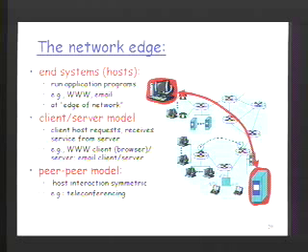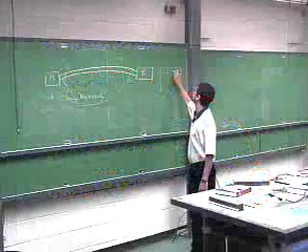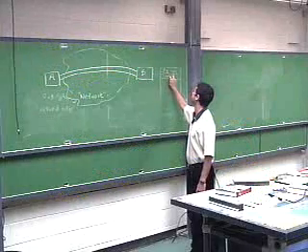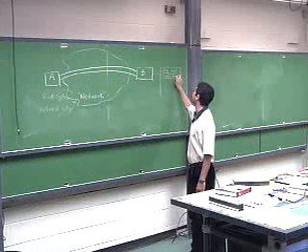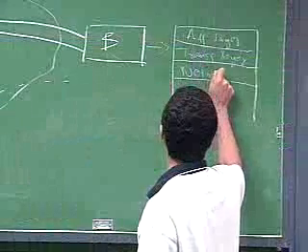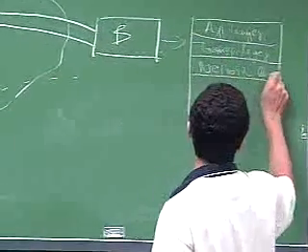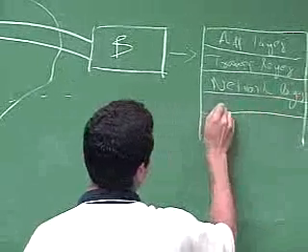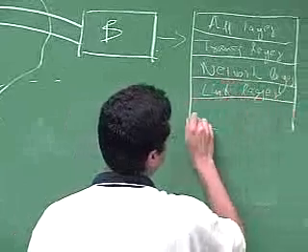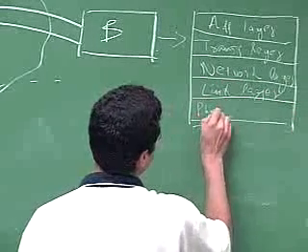So a typical end system will have the app layer, it will have the transport layer, network layer, link layer, and the physical layer.